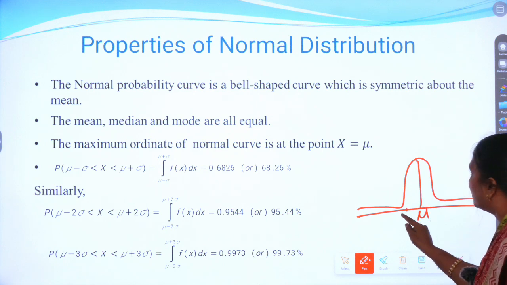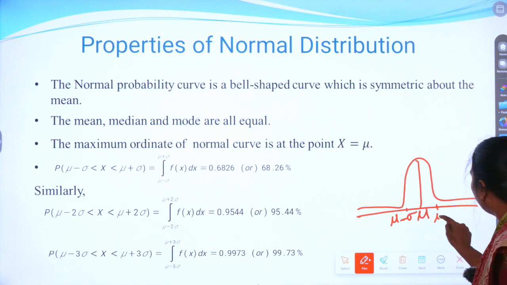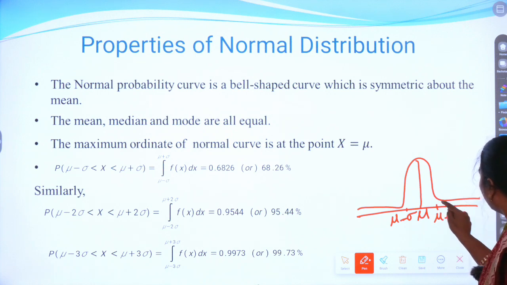Left hand side is mu minus sigma. Right hand side will denote mu plus sigma.